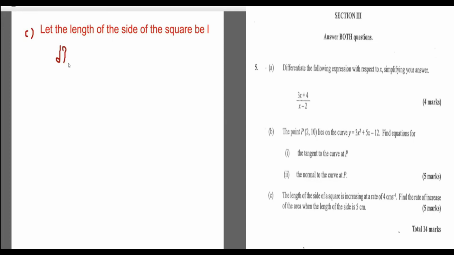So they're telling us that dL by dt, that's a rate, is 4.